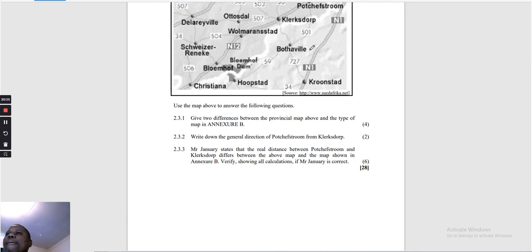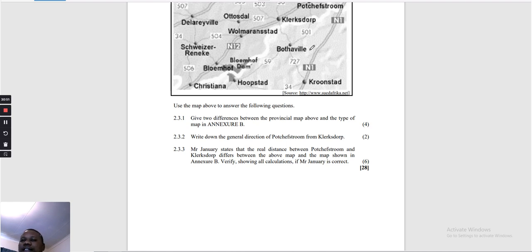They say give two differences between the provincial map above and the type of the map in Annexure B. Remember, they can't tell you what type of map is in Annexure B because you would quickly go there and rub out and cancel your answer. But already I've told you that this is the strip chart, okay? So what is the difference between these two maps?